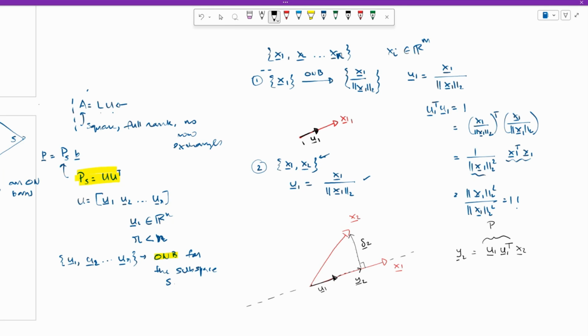I define the del2 vector as x2 minus y2. And for sure, this vector will be orthogonal to y2 or u1. That means if I take del2 and divide it by the length of del2 and call that u2, then I'll get essentially this vector.